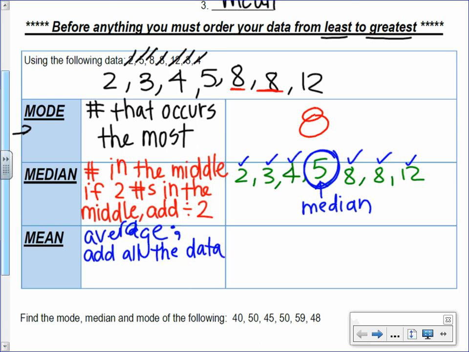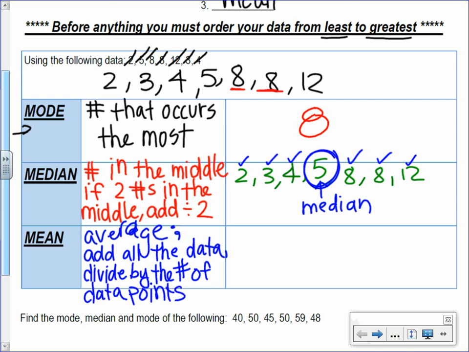You're going to add all the numbers in the data. And then you're going to divide by the number of data points.